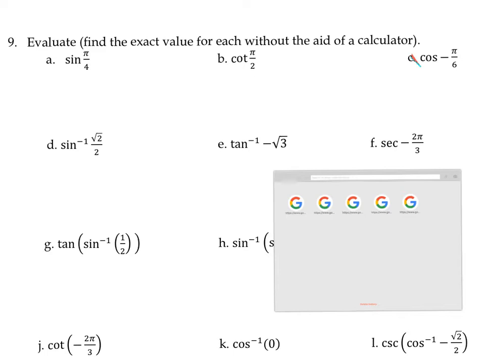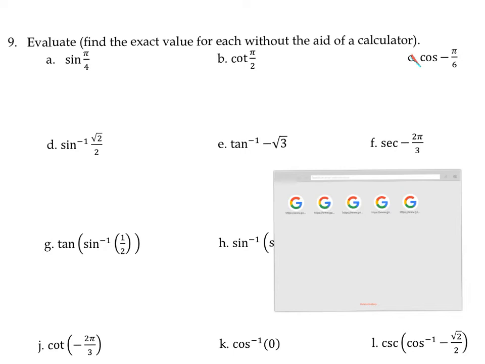Cross them out, and sure enough, I get square root of 3. So this family right here is when tangent is square root of 3. When x is 1/2 and y is square root of 3 over 2, that is the pi over 3 family.